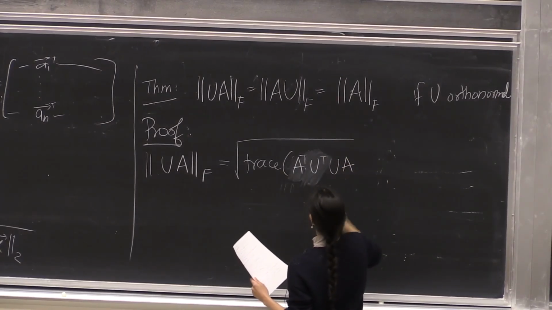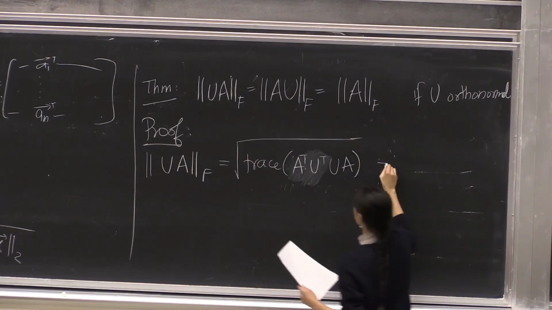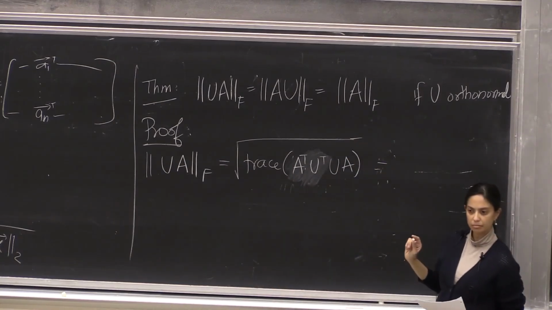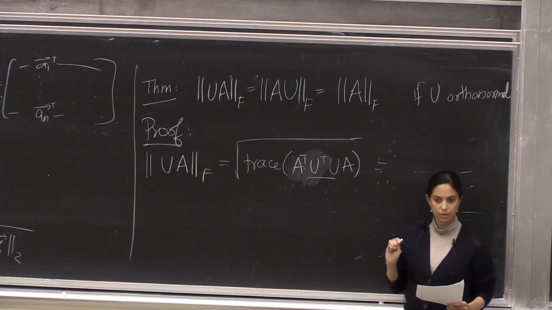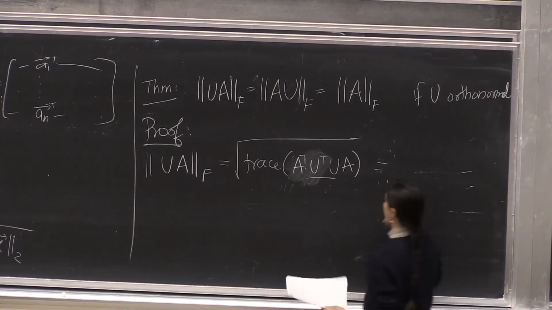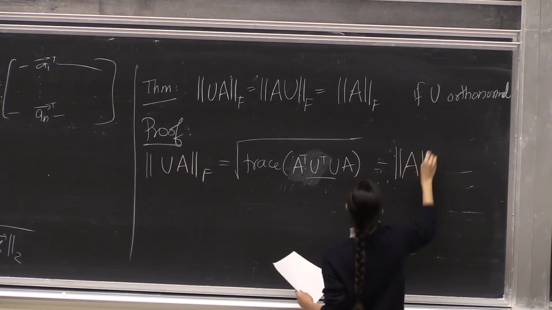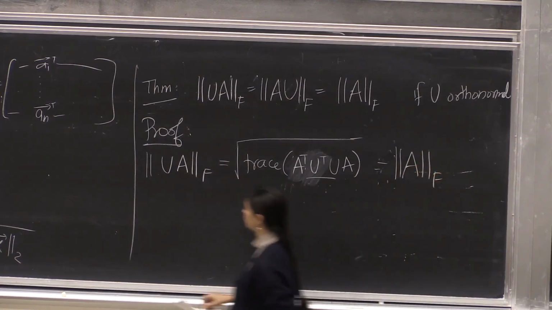Did I do that correctly? Yes, I did. Okay, good. What do I get? What is a nice property of orthonormal matrices? Their product is the identity. So this is equal to the Frobenius norm of A.